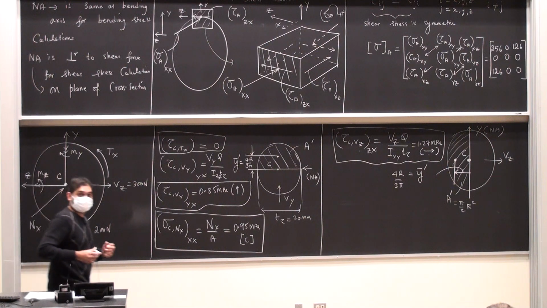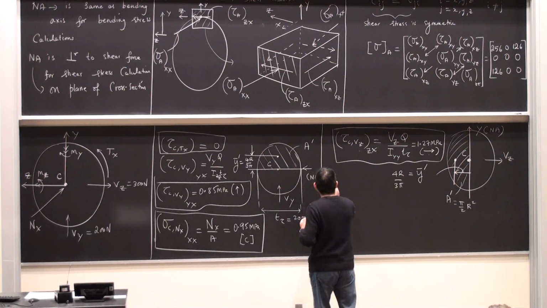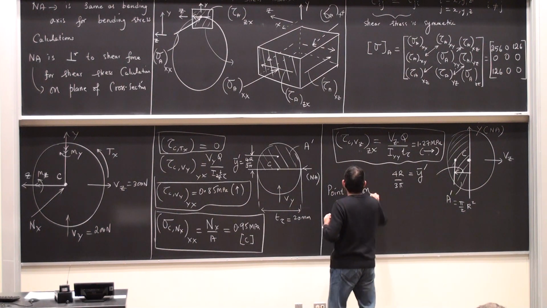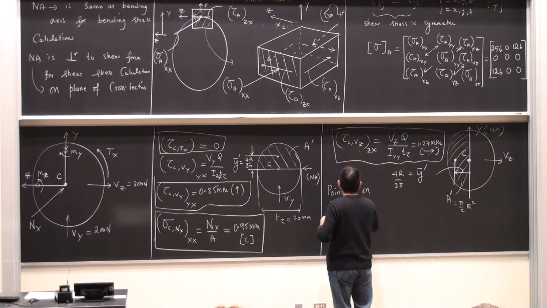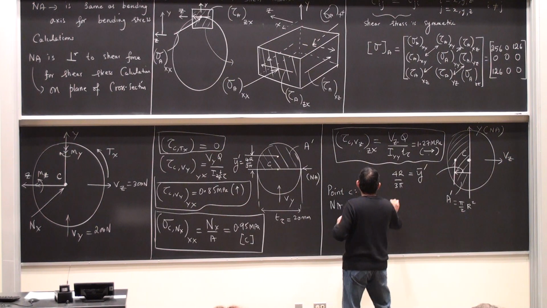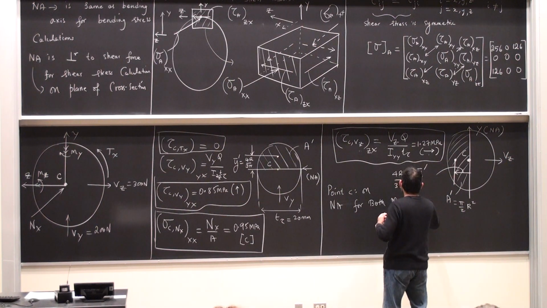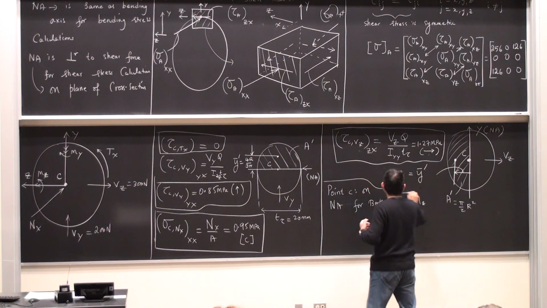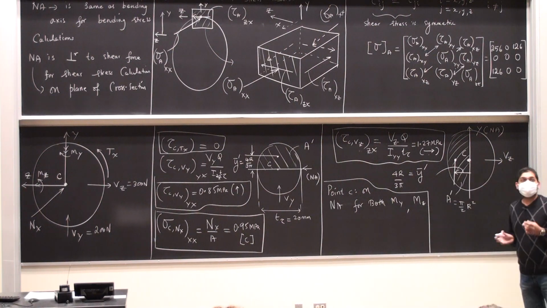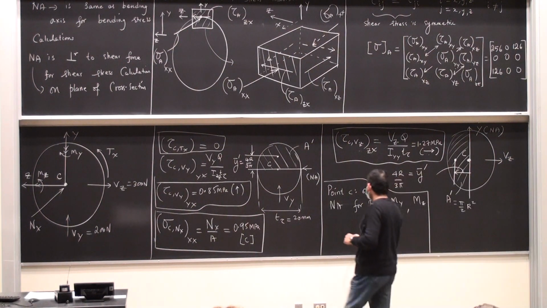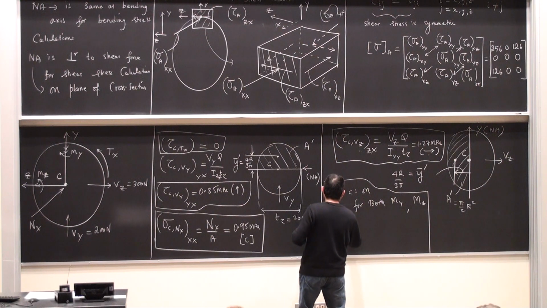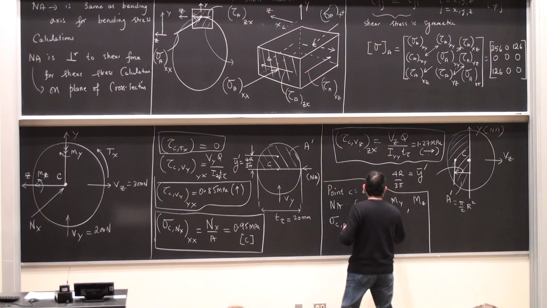So that is easy for us, right? So point C is on the neutral axis for both My and Mz, which means that there will be no bending stress contribution from these moments. So sigma c due to My is 0.